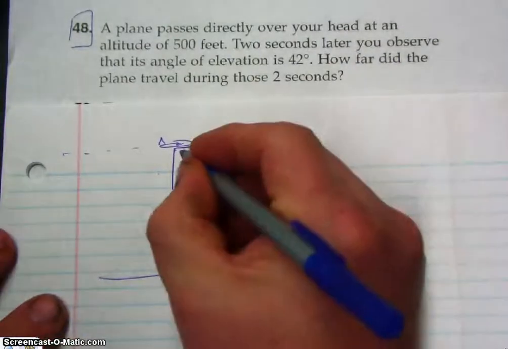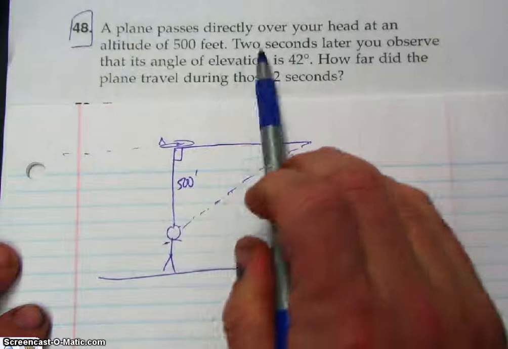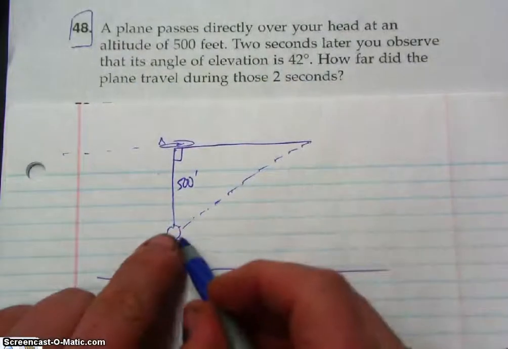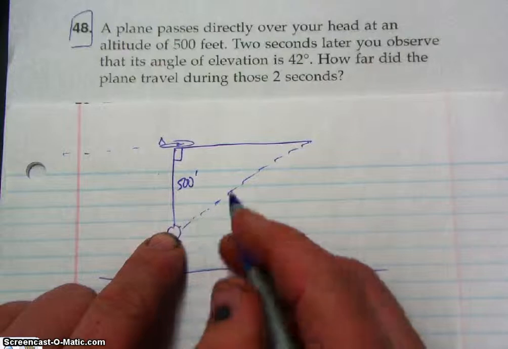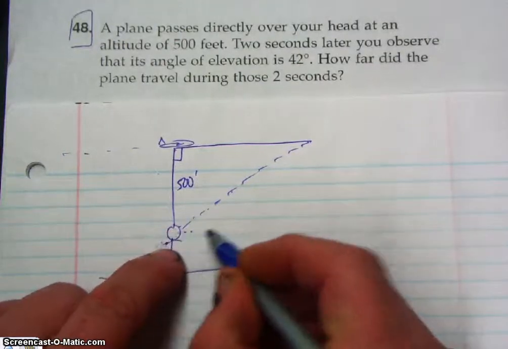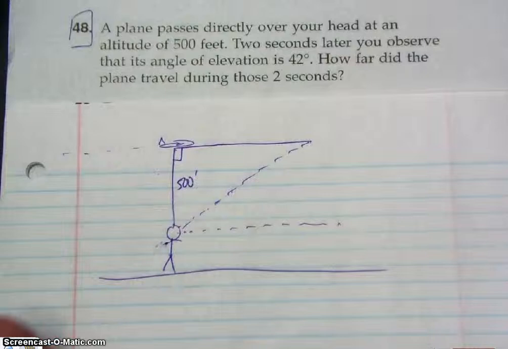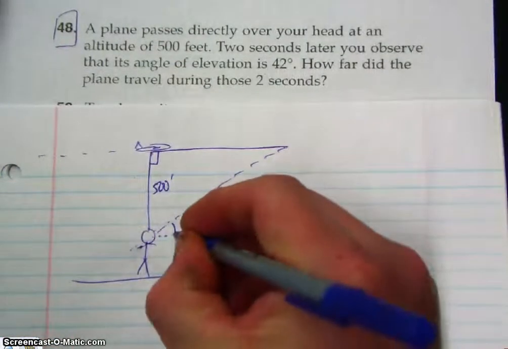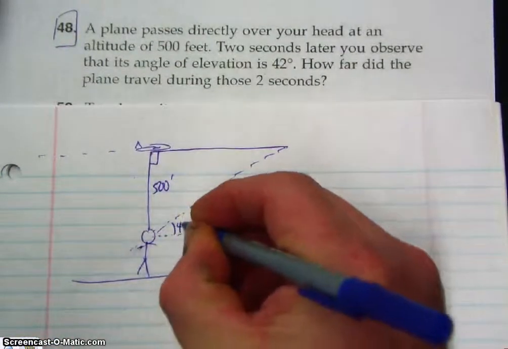So this right here is 90. You observe, 2 seconds later, that the angle of elevation is from where you are standing, looking up. So you have a horizontal, and the angle of elevation is from here, looking up. So this right here is 42 degrees.